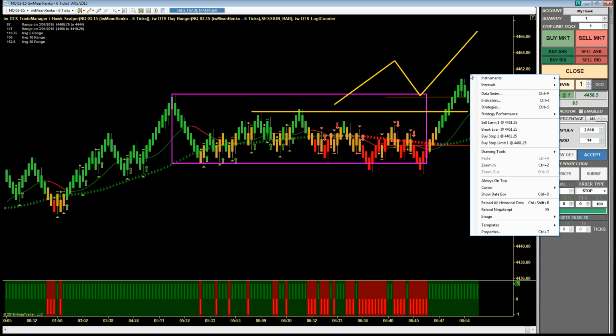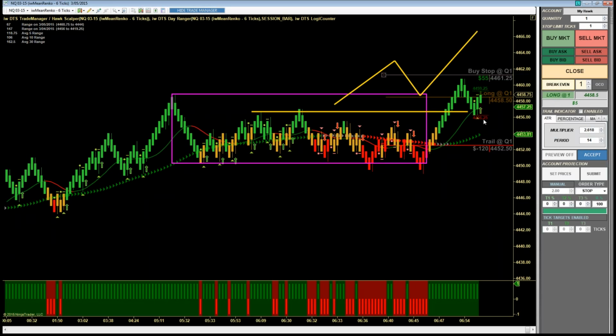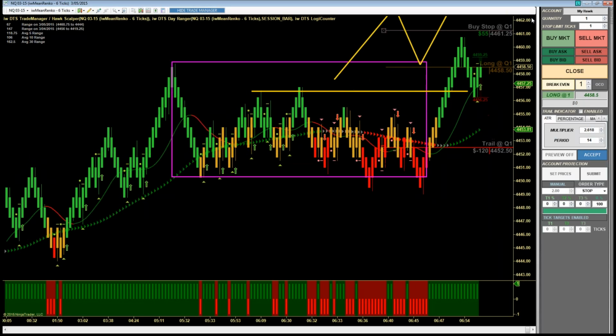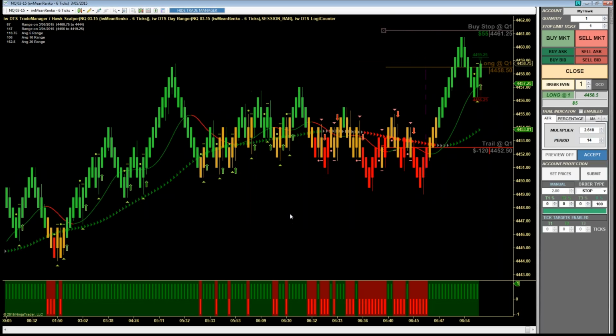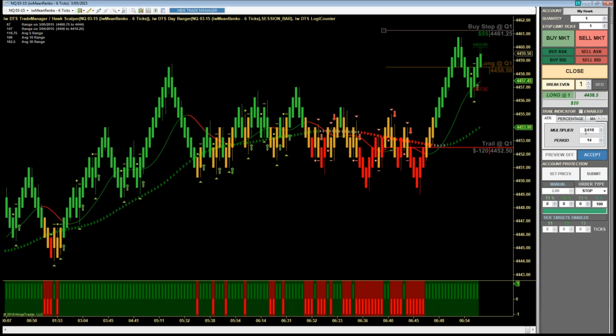And if it is in fact in rally mode today, I'll see if we can't add another one above here, above that swing high. If it gets above this swing high, I'll get the trade to break even.